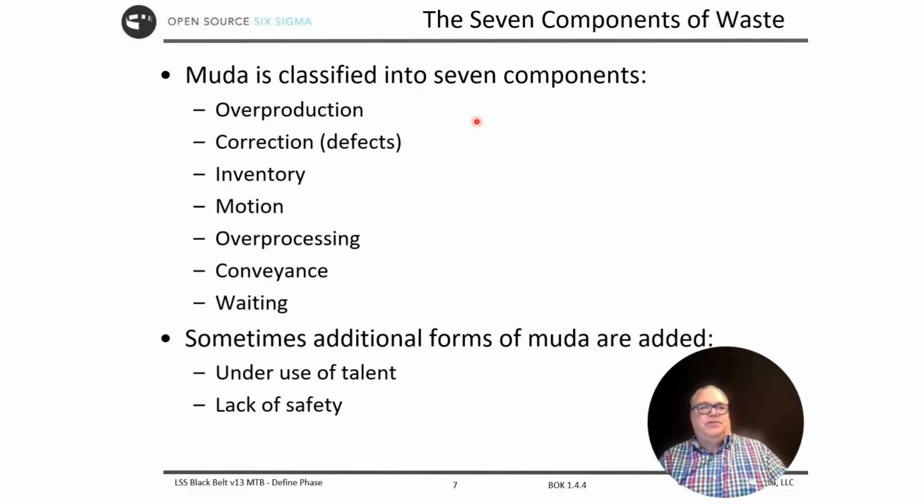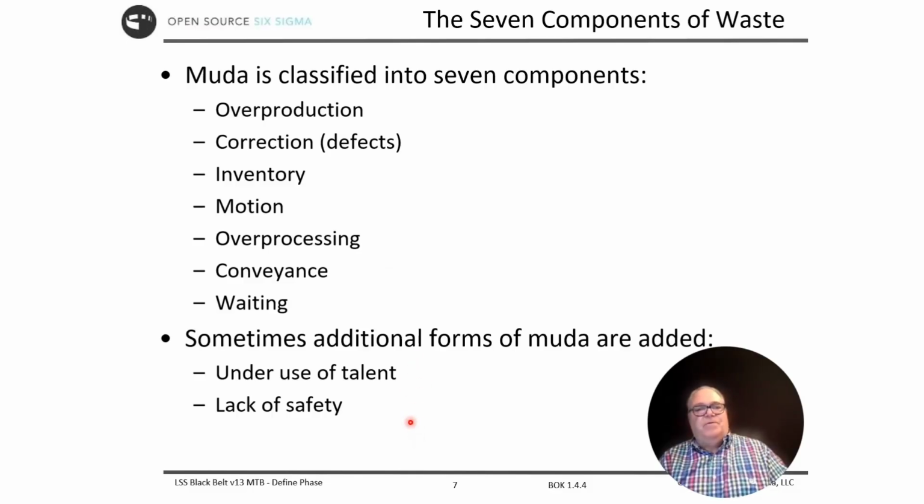So overproduction, correction or defects, rework, inventory or work in process, motion, so here we talk about it within the step, overprocessing, doing more than the customer wants or needs, conveyance, moving things between steps, and then waiting, which is usually a bad result of some of the other wastes.